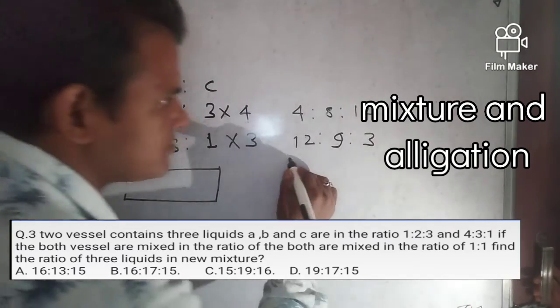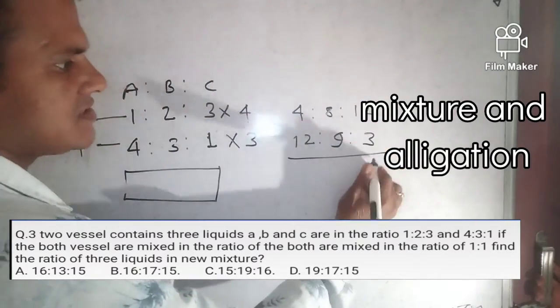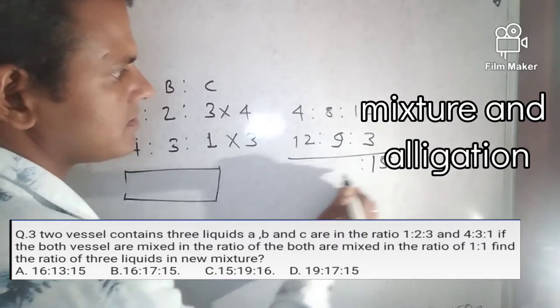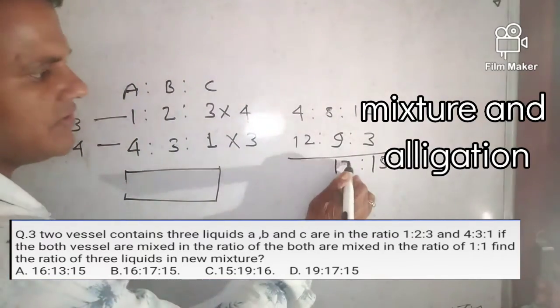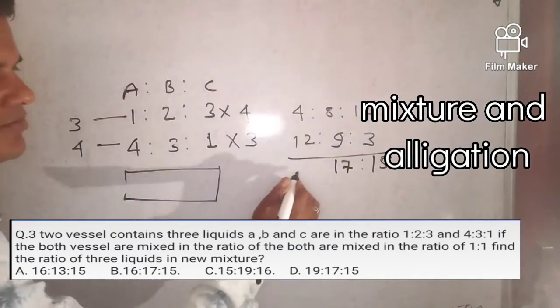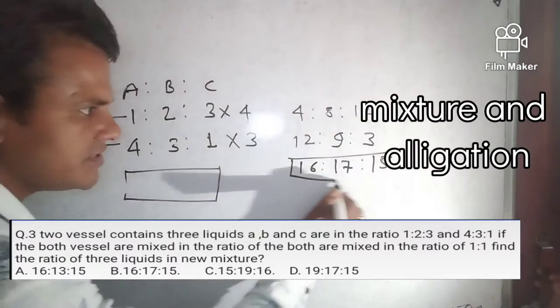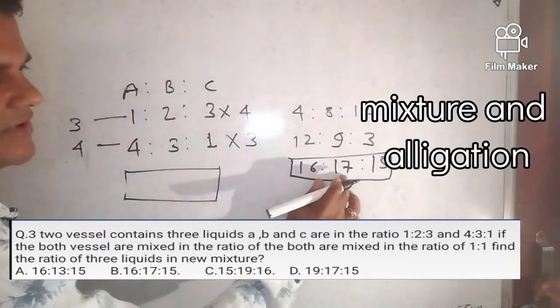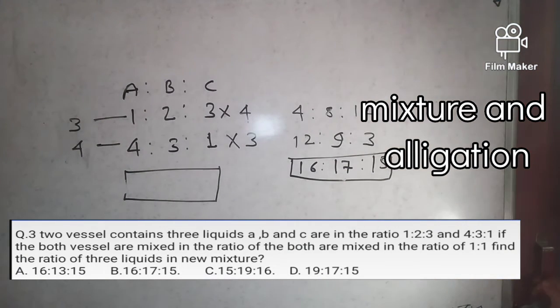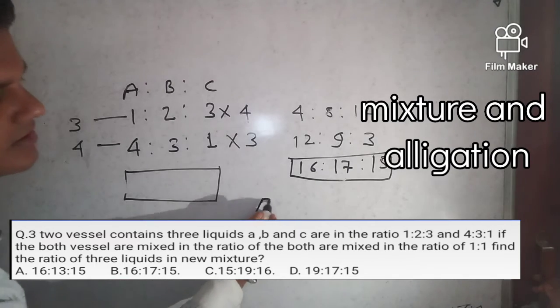Now add them. 12 plus 3 is 15, 8 plus 9 is 17, and 4 plus 12 is 16. So the new ratio is 16, 17 and 15. Which option is the correct? So option B is the correct.